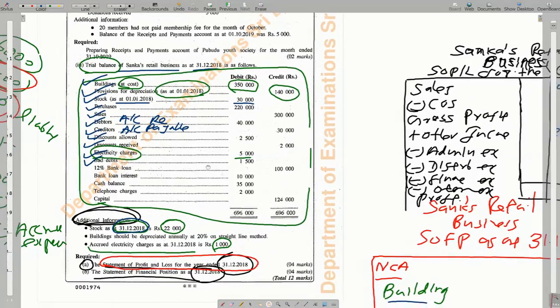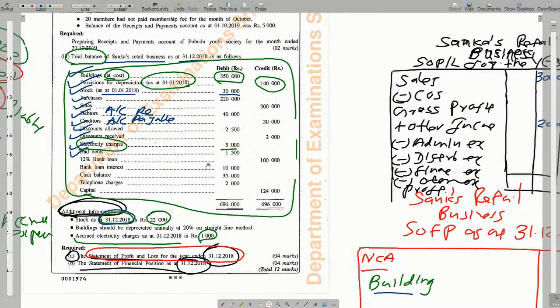Right. 12% bank loan. If you are getting a bank loan, of course you have a huge responsibility to settle that bank loan. So the bank loan we identify as a liability. Previously I said that if you are required to settle your liabilities within 1 year, we identify those liabilities as current liabilities.